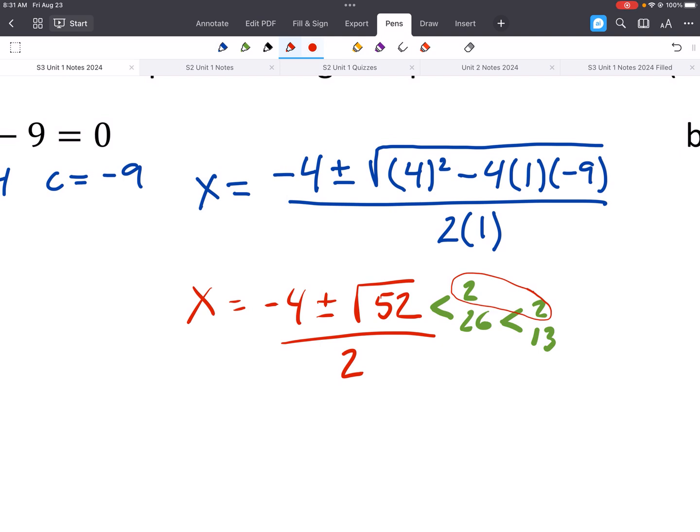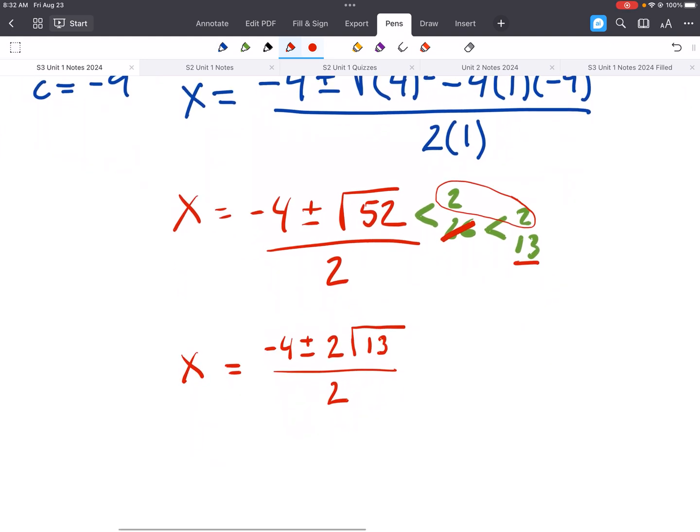Why? Because 2 times 2 is just 4, right? So we're doing the square root of 4, which means we can take out a 2. The 13 can't be simplified. We don't have a group of those, so it has to stay inside. And again, this 26 that we have here, that's the 2 and the 13, so you can't use that again, okay? So just in case you forgot how simplifying roots goes, okay?